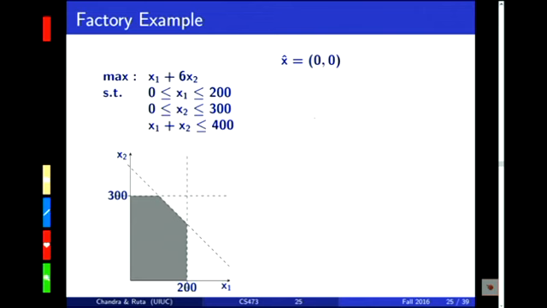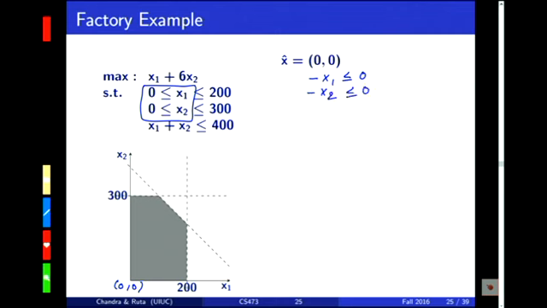So these two constraints are tight there, right? 0 at 0, 0. So in our format, we write it as minus x1 less than or equal to 0 and minus x2 less than or equal to 0, right?